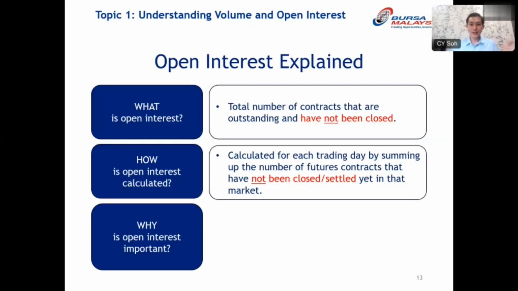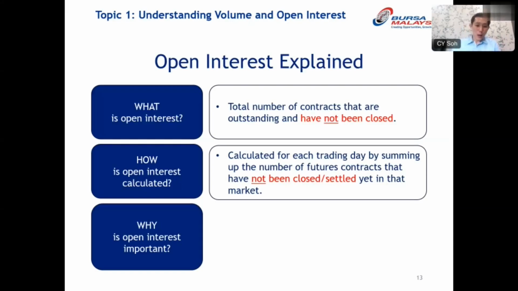Once you enter, there is one ding dong. When you exit, there is another ding dong. Correct. So volume is like counting how many times the bell rings, but open interest is calculating how many people are actually in that particular room, or in the market.